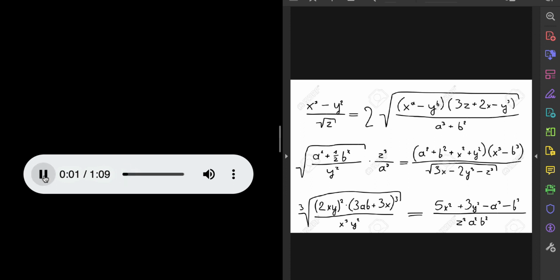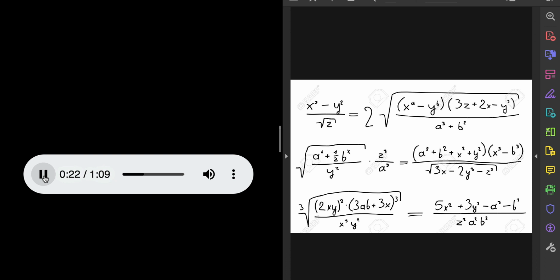Start math, 3 lines. Line 1, blank the fraction with numerator x cubed minus y squared and denominator the square root of 2 equals 2 the square root of the fraction with numerator open paren x to the ath power minus y to the bth power close paren times open paren 3z plus 2x minus y cubed close paren and denominator a cubed plus b squared.